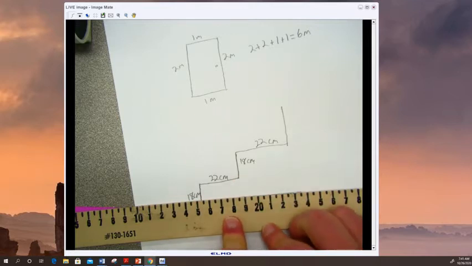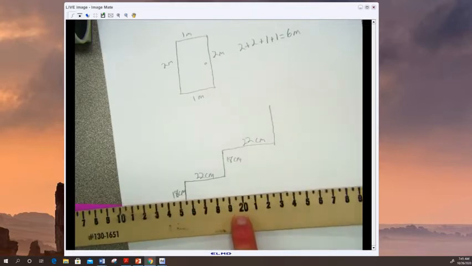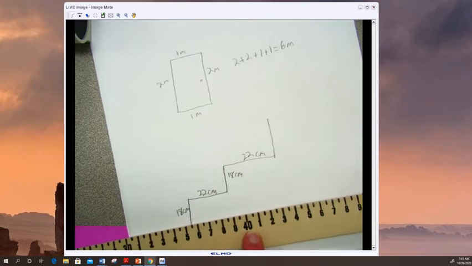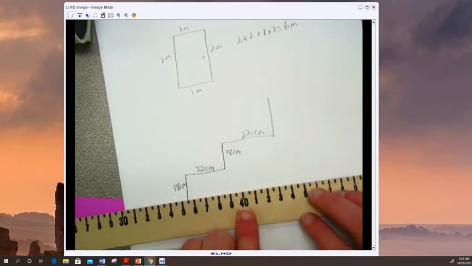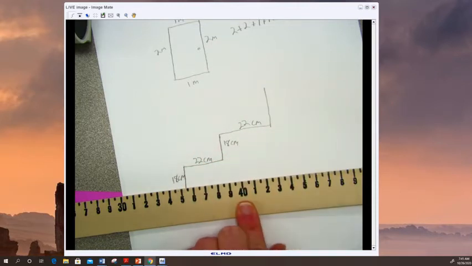So I know that 8 plus 2 is going to get me to 20. And then I have 20 left. This is 22 minus 2. So I'm going to move my finger on my meter stick up 20 all the way to 40. So I need 40 centimeters of lights just to cover the first stair.